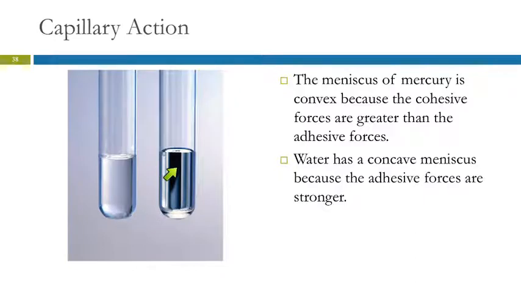If you look at mercury in a test tube, you see that its meniscus goes the other way. It bulges up in the middle because mercury has stronger cohesive forces than adhesive forces. And so these guys are sticking together and they're pulling away from the glass.